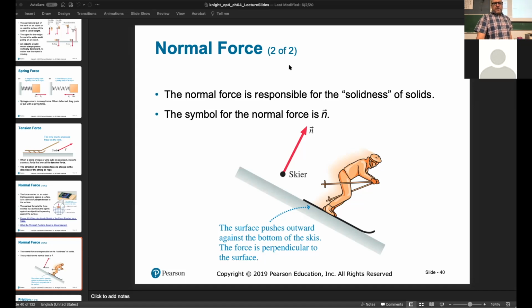So let's find our critical force. I don't know why it's doing that, so I'm gonna stop that.